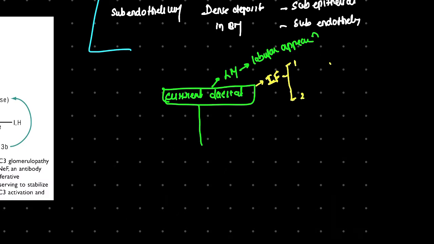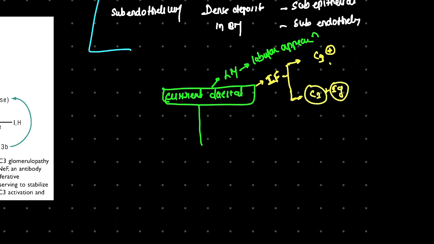The class 1 are the ones having only C3. Let's not mention type 1 and type 2. Let's say there is one class that has deposition of only C3, complement 3, and another class that has deposition of both C3 and immunoglobulin.